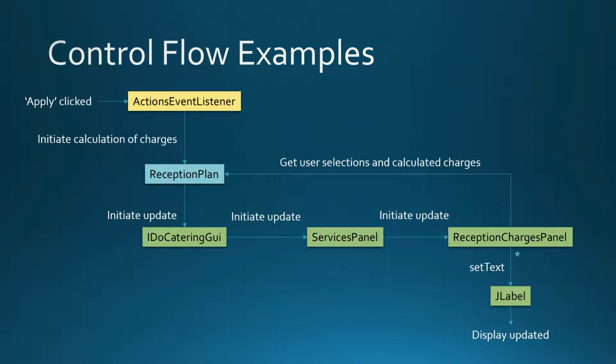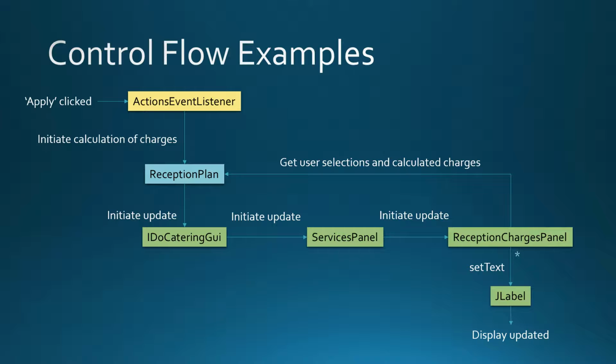Okay. So it's going to go get the calculated charges, and there's several of them. Okay. And then it's going to use those to modify each of the associated JLabels. And when it does that, the display will be updated.